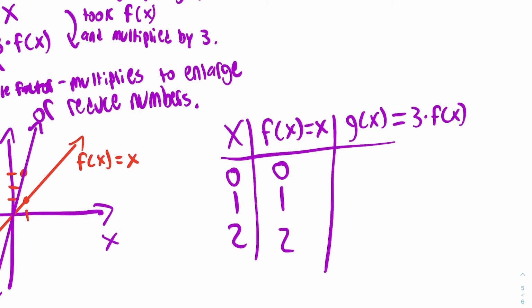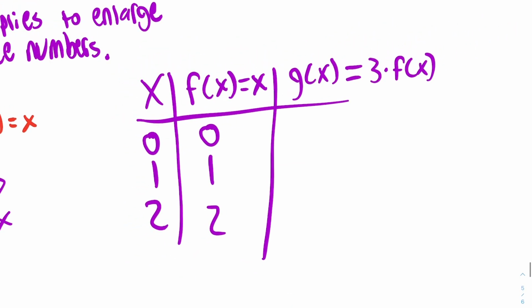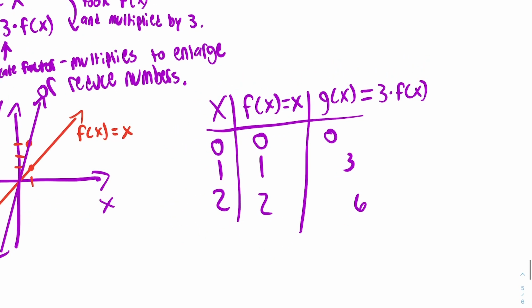So we look at every number we put for f of x, and to get g, we just multiply them all by 3. So 0 times 3 is 0, 1 times 3 is 3, 2 times 3 is 6. That's how a transformation could look in a table. That's one of the ways it could look.